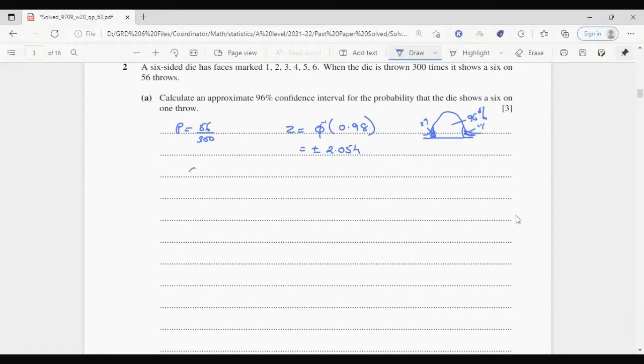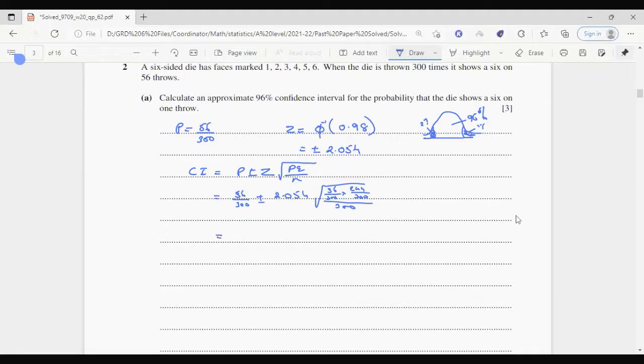Then we move on to the formula. p plus or minus z times root of pq over n, which gives you 56 over 300 plus or minus 2.054 times the root of 56 over 300 times 244 over 300, the whole divided by 300.